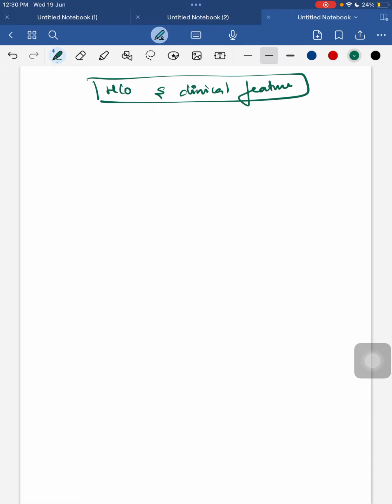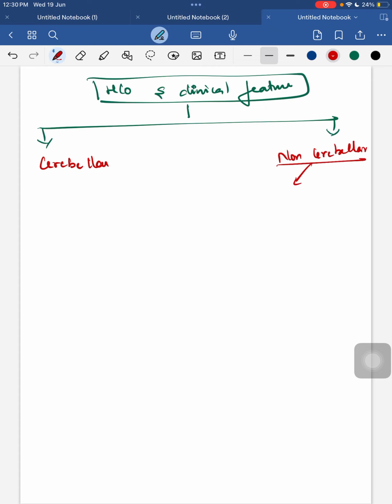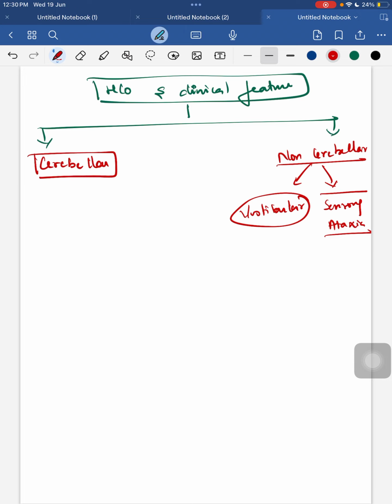When coming to your acute causes, we have already discussed our acquired causes, that is your toxins, your drugs. Second, your infectious or post-infectious cause, trauma, vascular cause, space occupying lesion like tumor and abscess, and it can be due to paraneoplastic syndrome, for example opsoclonus myoclonus ataxia syndrome due to neuroblastoma.